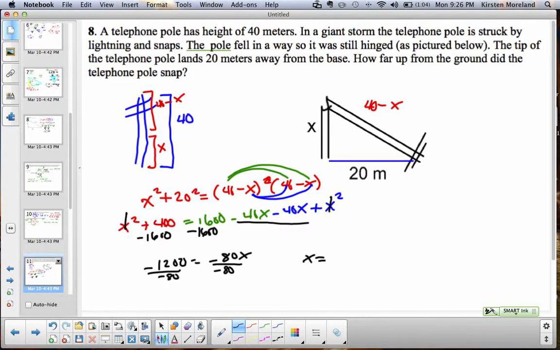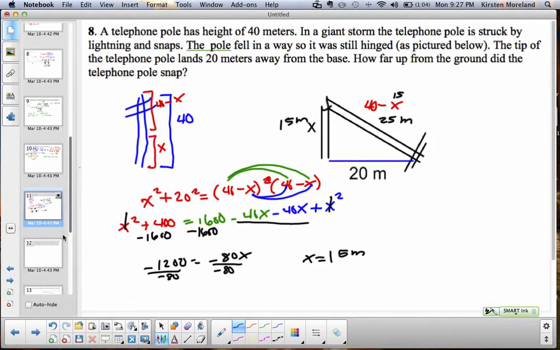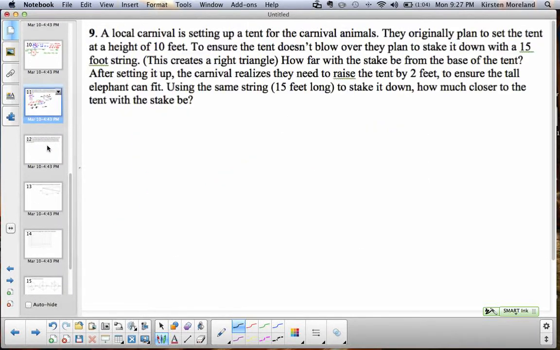X equals then 15 meters, which means that it broke 15 meters up, and 40 minus 15 leaves me with 25 meters for the other end. Okay? All right, we're on to the last one for this page.